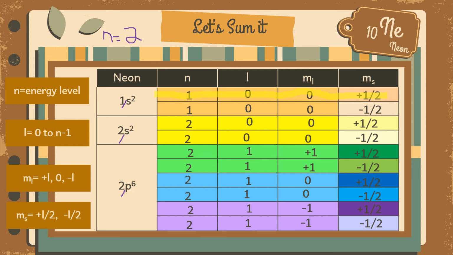The other electron present on the first orbit has these quantum numbers: 1 for principal quantum number, 0 for angular momentum quantum number, 0 for magnetic quantum number, then negative 1/2 for the spin quantum number.